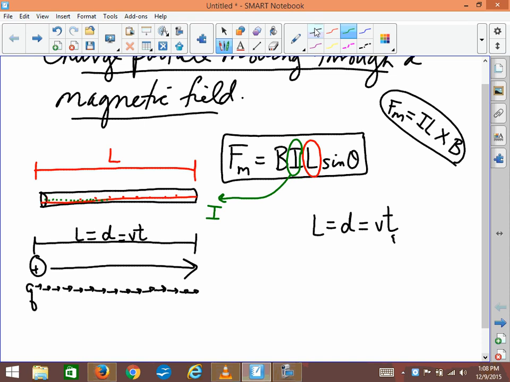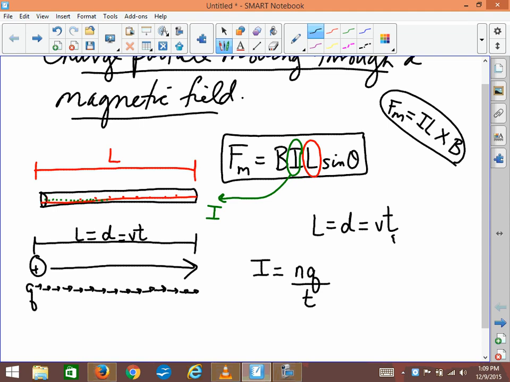Now the other thing is the current. Current is defined to be the amount of charge moving through a conductor in a certain time. So N is the number of charges, and Q is the charge. Let's say you have a proton. One proton would be N is 1, and the charge would be 1.6 times 10 to the negative 19. But if you had 20 protons, you'd simply multiply that by 20. If 20 protons went past a certain point in a certain time, you'd get the current.